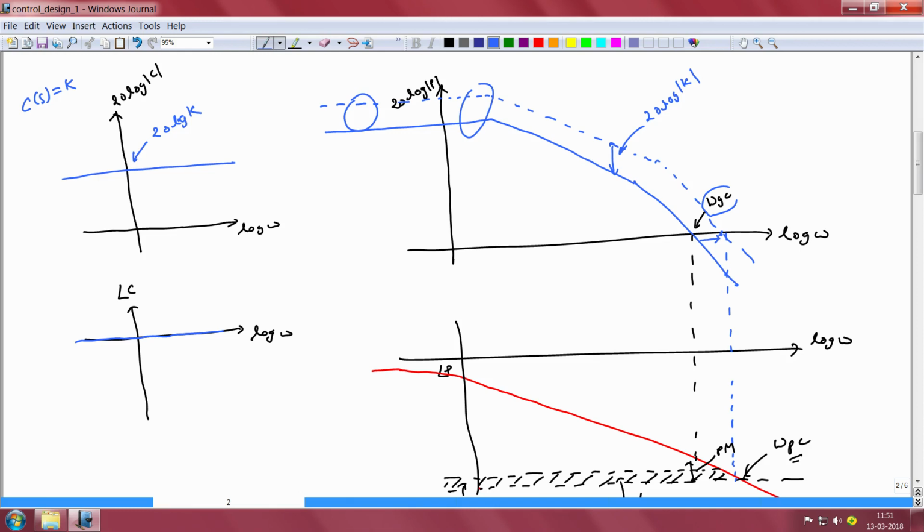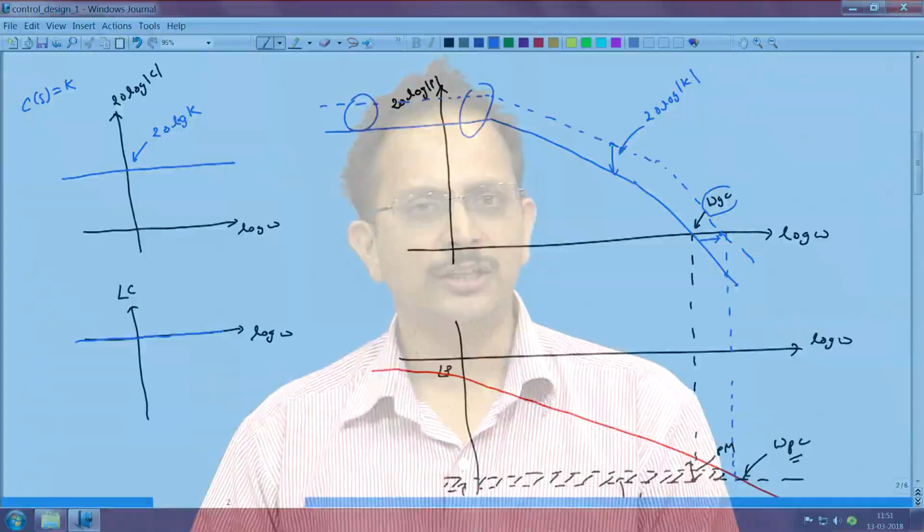So, the utility of the proportional controller is rather limited, and there are certain circumstances where a proportional controller can still be used to get respectable performance, and it is in case of plants which do not have a phase crossover at all. For instance, one possible example are thermal systems such as furnaces and refrigerators and air conditioners and so on. Generally these plants can be modeled fairly well using a first order transfer function.